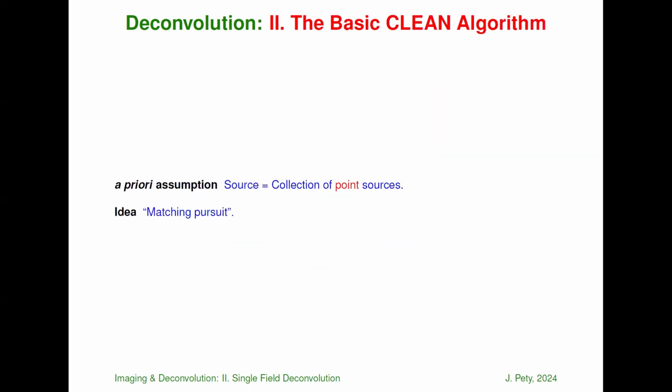Now I will present the family of deconvolution algorithms called CLEAN. CLEAN makes the following a priori assumption: the source is a collection of point sources. The way the algorithm works is a matching pursuit. Let's see it on an example.